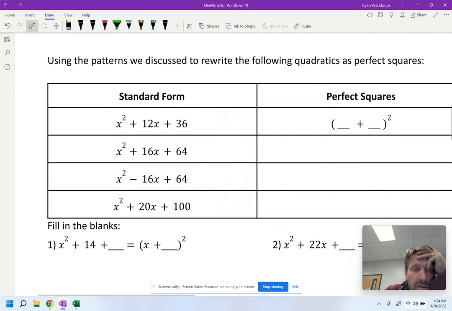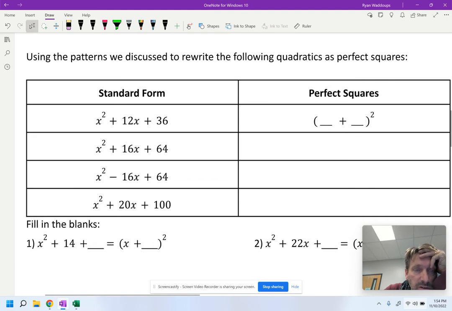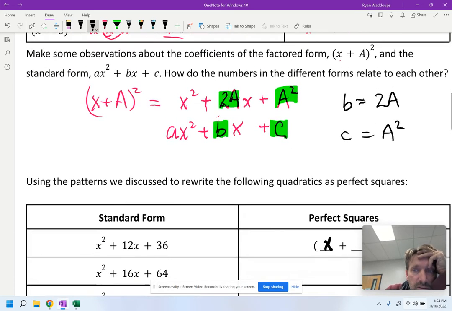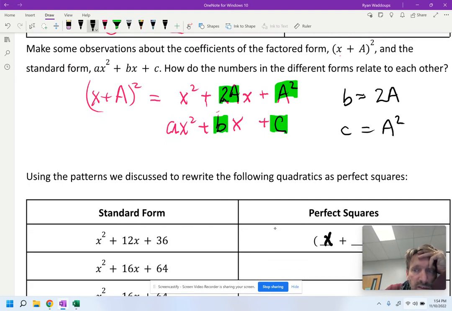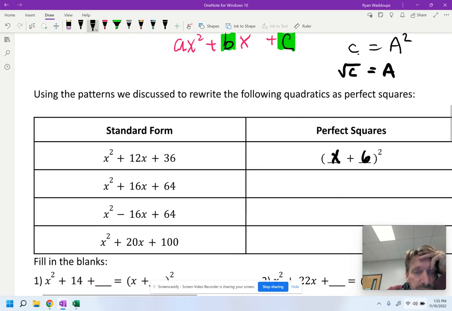So if we look at this one, x squared plus 12x plus 36, in terms of its perfect squares, this would be x plus, let's see, 36 is equal to c. If c is equal to a squared, that means a is equal to the square root of c. So the square root of 36 is 6, so this is x plus 6 squared.